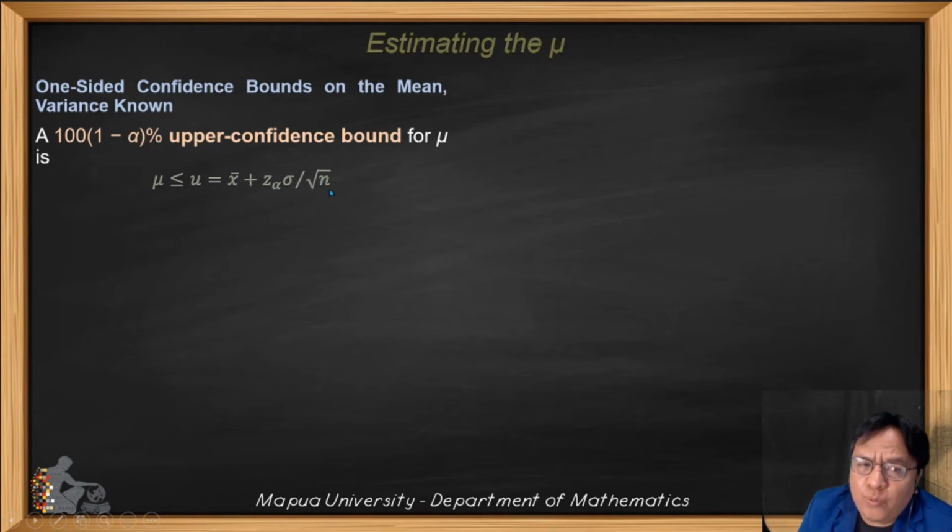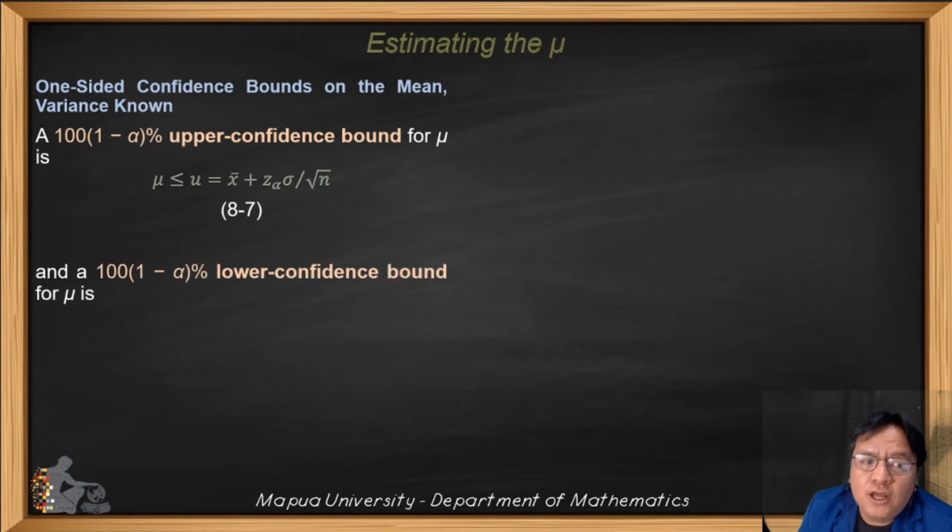While for the lower confidence bound, a 100 times 1 minus alpha percent lower confidence bound for mu is given by x bar minus z alpha times sigma over square root of n. This is equal to the lower confidence bound L, which is less than or equal to the mean.